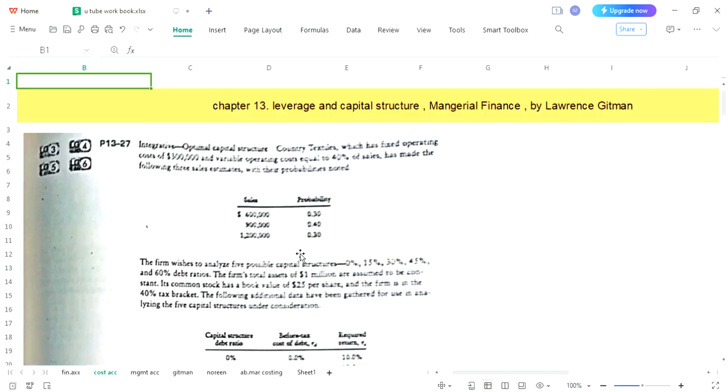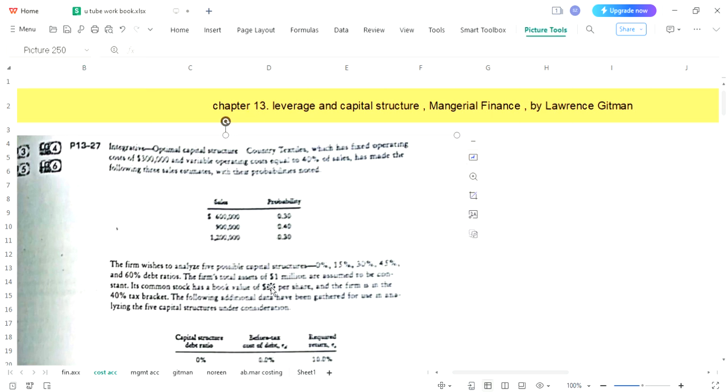We should have our capital structure 1 million. The firm has capital structure analysis. Okay, here you can see the firm's total asset of 1 million. Please underline it. Firm's total structure is 1 million.